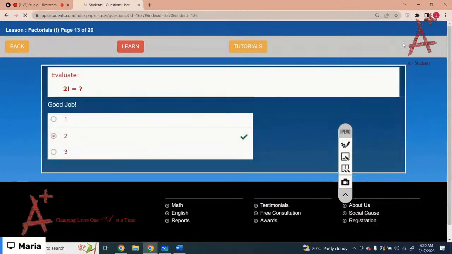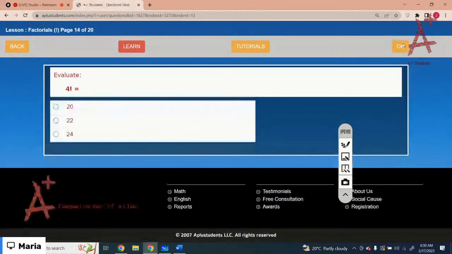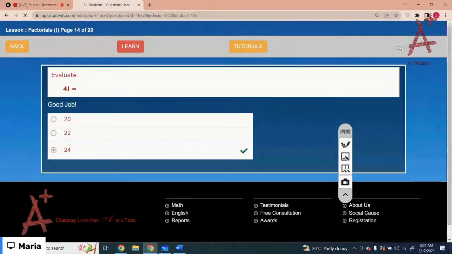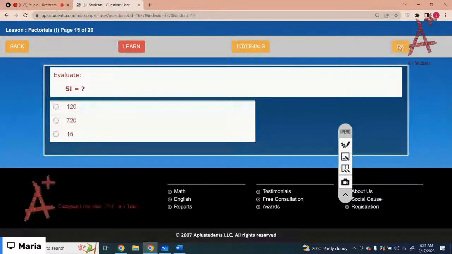Okay, the next one is 4 factorial. 4 factorial is 4 times 3 times 2. 4 times 3 is 12 and 12 times 2 is 24. Very good.